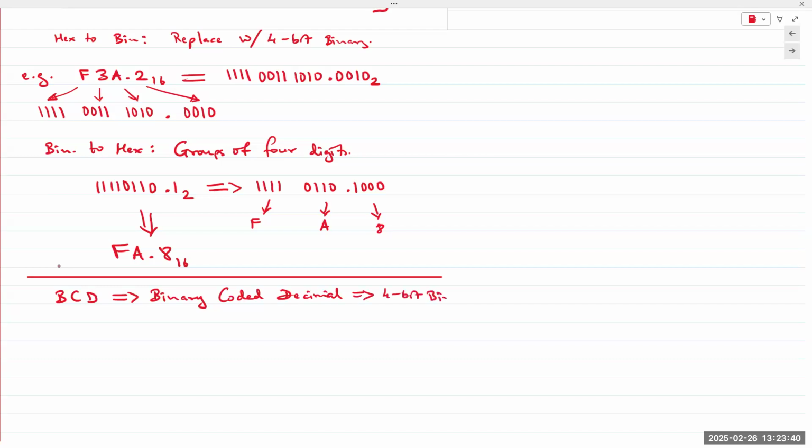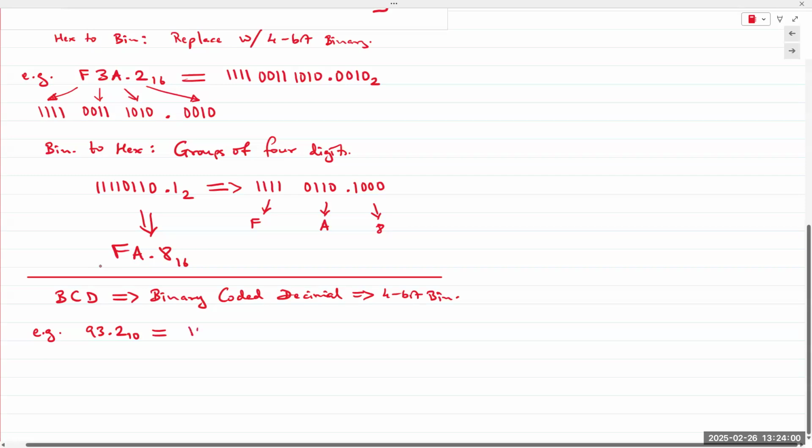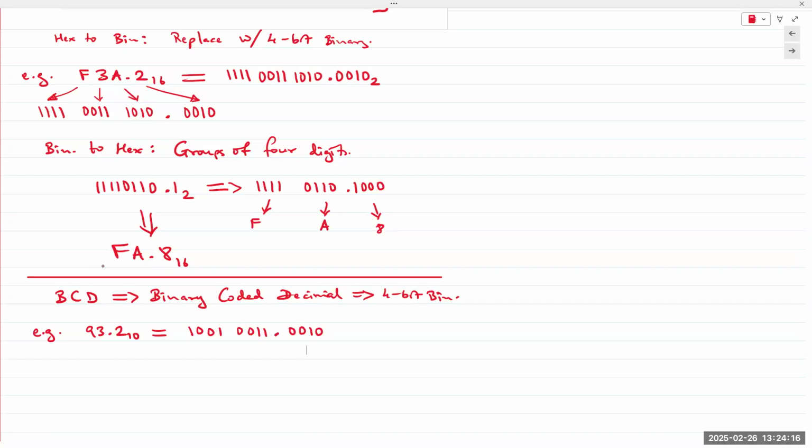So for example, if you had 93.2 in decimal and we wanted to create the BCD equivalent, 9 is represented as 1001, 3 is represented as 0011, and 2 is represented as 0010. And that would be the binary coded decimal for 93.2.